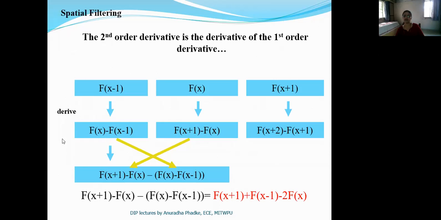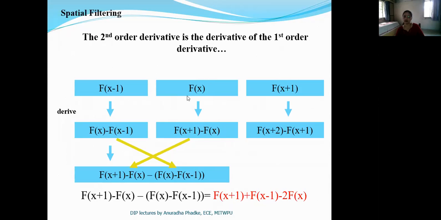So as this is a difference of difference, we take this term minus this term. This gives us the second derivative. So finally, for a one dimensional signal, like one row of pixels, we get this equation for the second derivative: f of x plus 1 plus f of x minus 1 minus 2 times f of x.